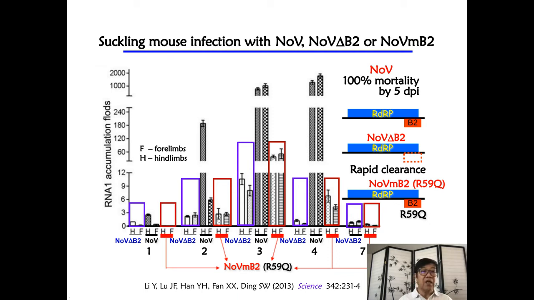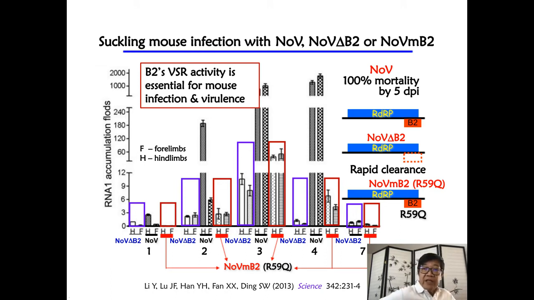Together, these results show that it is B2's VSR activity, not just its expression, because the NB2 mutant virus actually expresses B2 protein but is not an active VSR. So the VSR activity of B2 is essential for mouse infection and virulence.